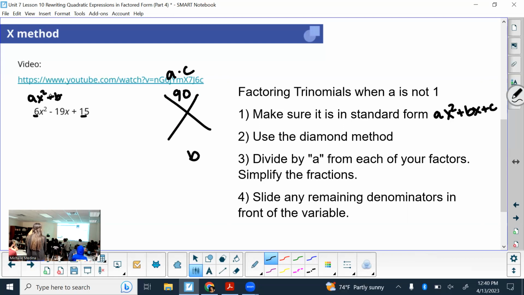And since I wrote that B goes on the bottom, can you tell me what should go there now? A negative 19, yes. So that's how you set up your diamond. All right, A times C on the top, B on the bottom, the A, B, and C should only be numbers. So then I'm looking for numbers that multiply to the top and add to the bottom. What are some things I could try? No one in particular, just what are some numbers I could try?